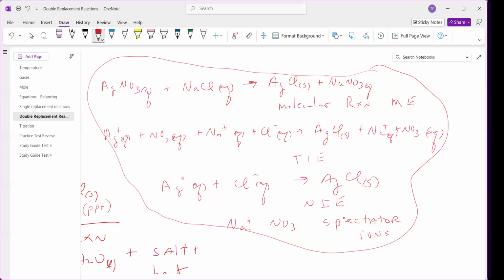If a solid is involved at all, there are no spectator ions.